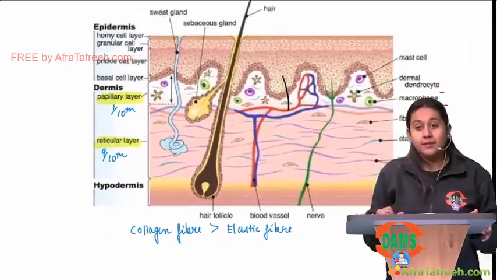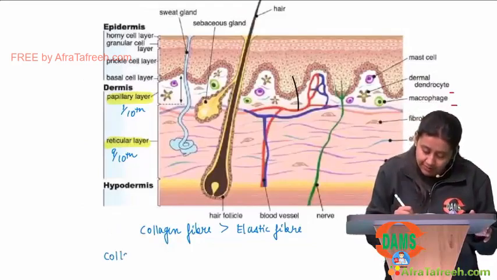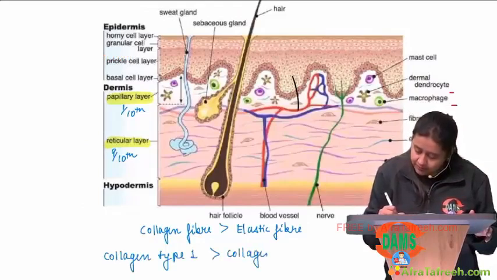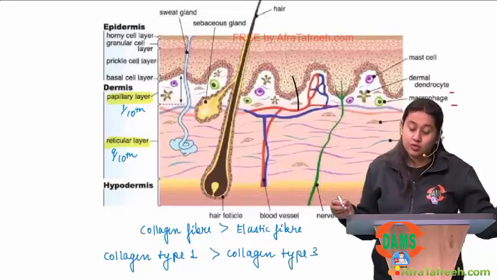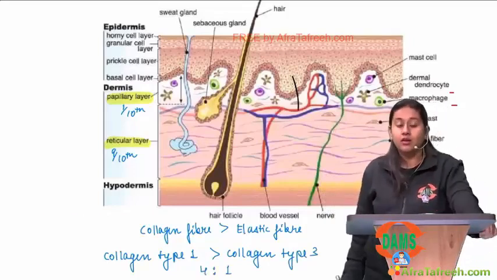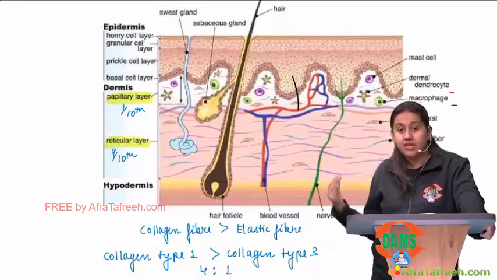Among all the types of collagen fibers, it is type 1 which is the most common, followed by collagen type 3. And sometimes they ask you about the ratio, so please remember it is 4:1. The ratio between collagen type 1 and collagen type 3 is 4:1.